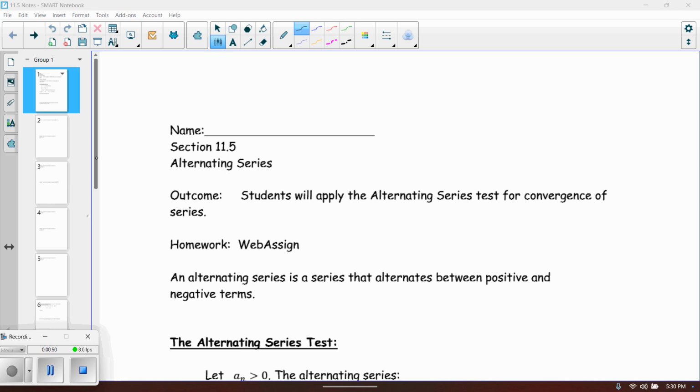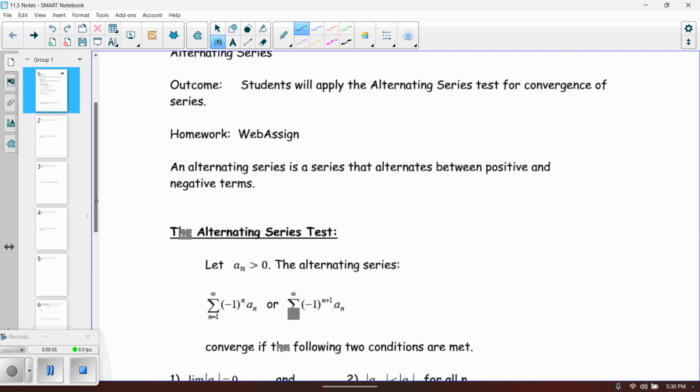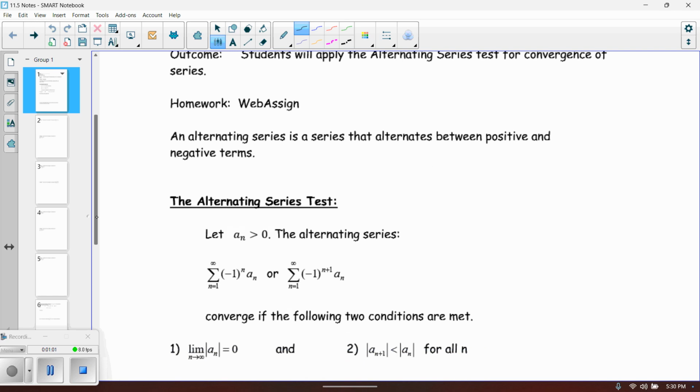And the reason for that is because for something to be an alternating series, the terms have to flip back and forth between positive and negative terms. And it's usually pretty easy to tell whether they're going to do that or not because you're usually going to have one of these terms like -1 to the n or -1 to the n plus 1 out in front in some form of your general term.